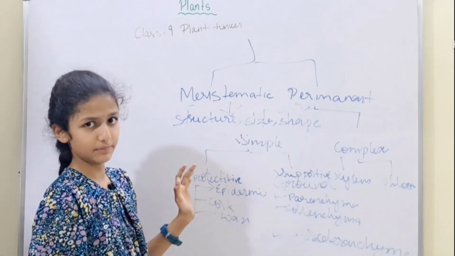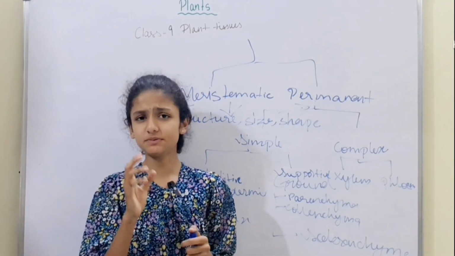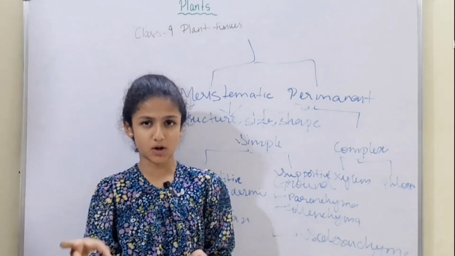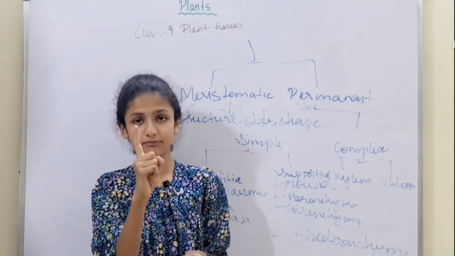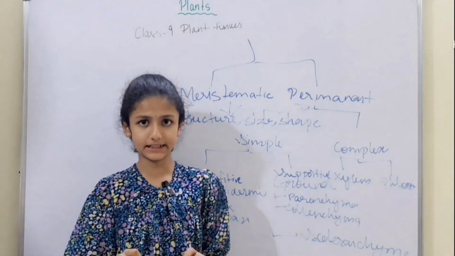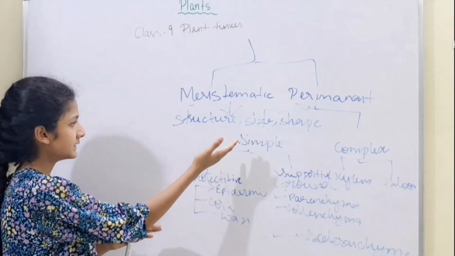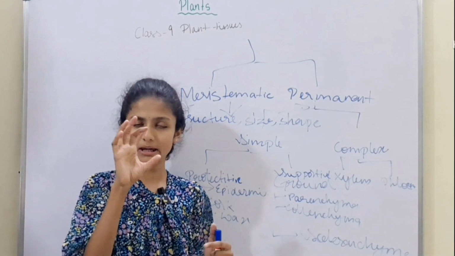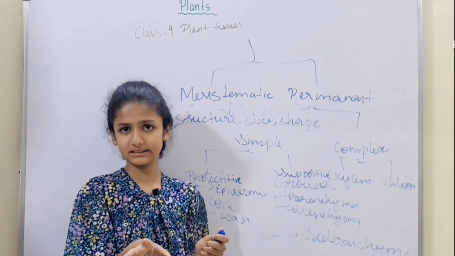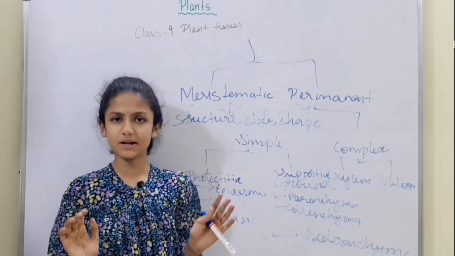In simple permanent, we can take a group of pens. Suppose we keep only one brand of pens in one box. It will come under simple permanent. All these pens have a function in common, which is writing, and they are of the same type, same cells. In complex permanent, it is a box of pens, but different brands, different types of pens.